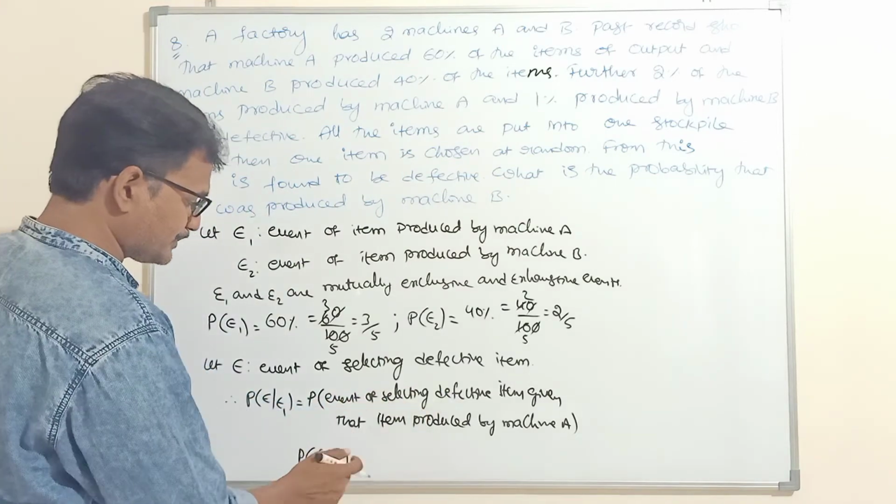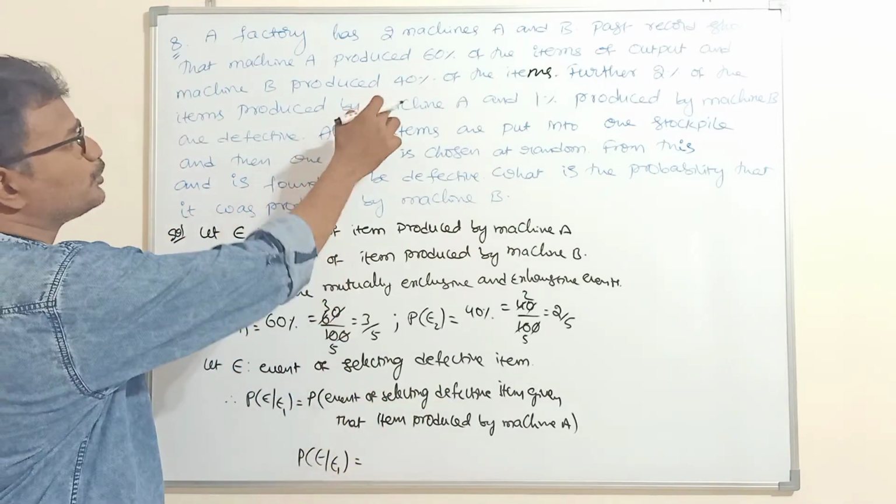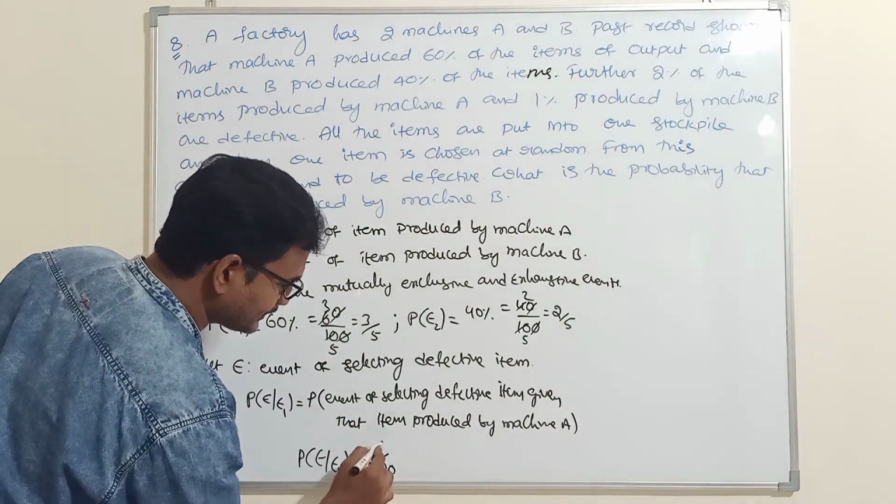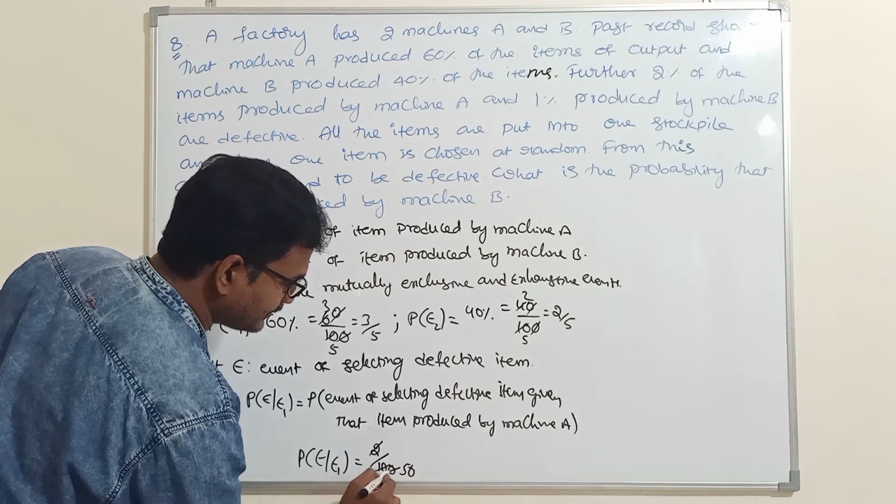So how many defective items are from machine A? 2%. 2% means 2 by 100. That means 1 by 50.